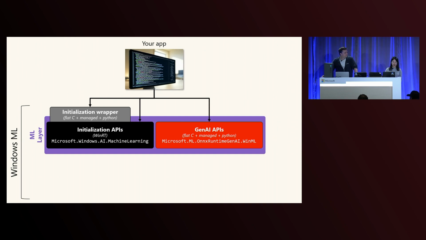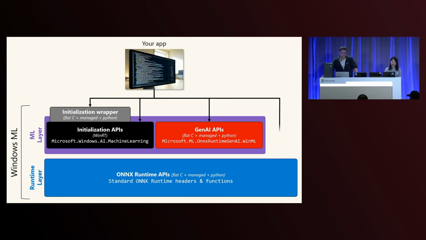Another set of APIs in this layer is the generative AI APIs. These are designed to help you more easily write generative AI loops with language models. And since we're built around the ONNX runtime, there is a runtime layer which exposes all of the standard ONNX runtime functions via FlatC APIs with managed projections. This is great for two reasons.